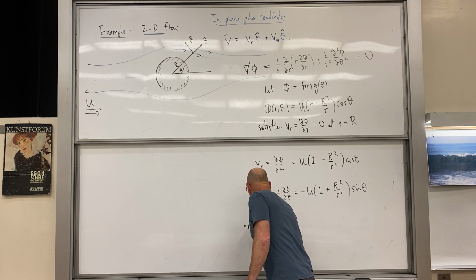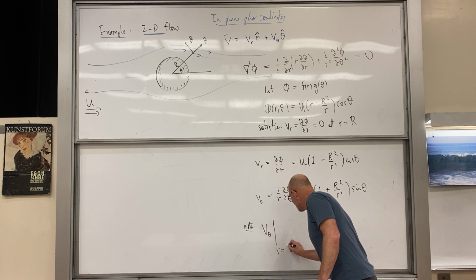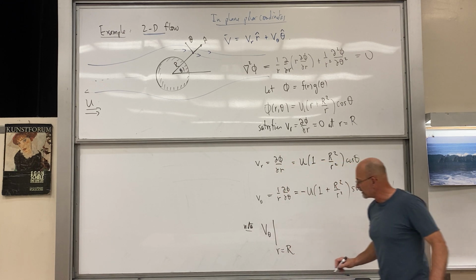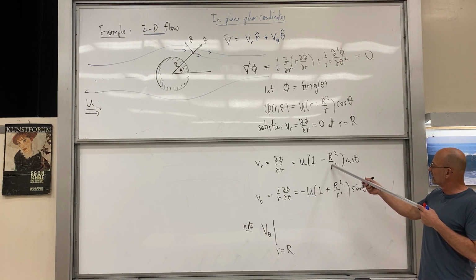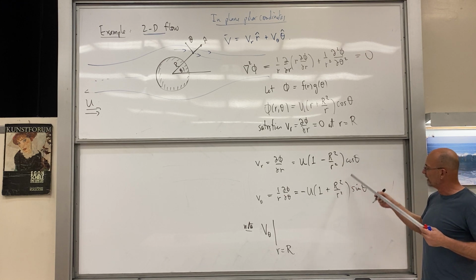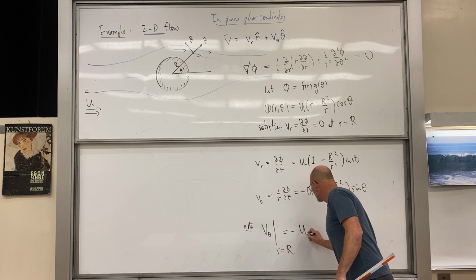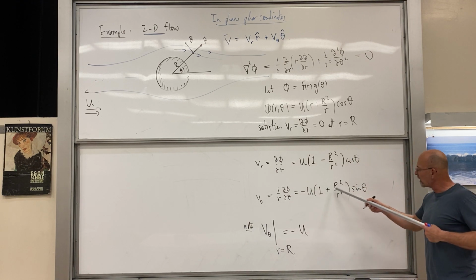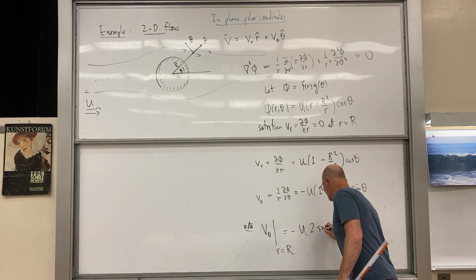Note v sub theta evaluated at r equals capital R. We already saw v sub r here is 0, because lowercase r equals uppercase R, so 1 minus 1 is 0. For v sub theta, we're going to have minus u times 1 plus 1, so times 2, times the sine of theta.